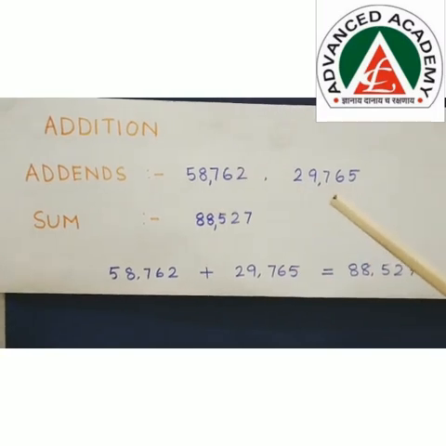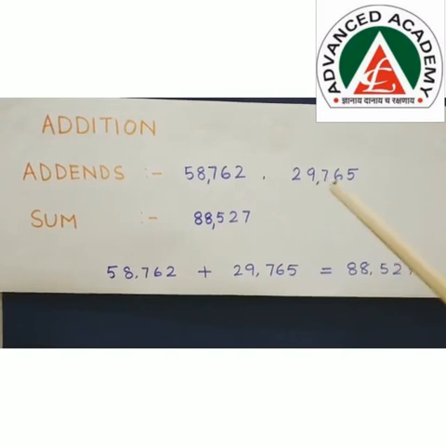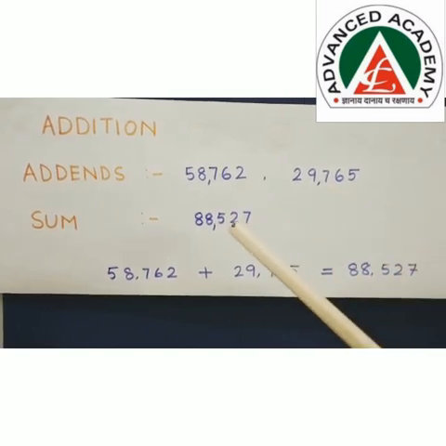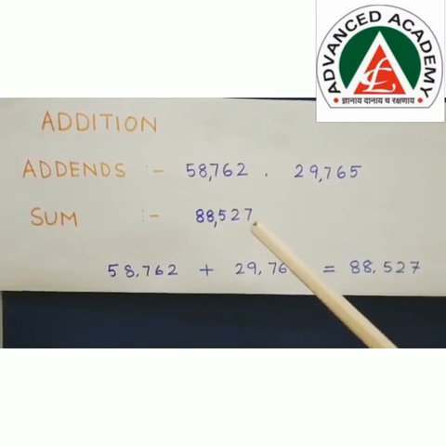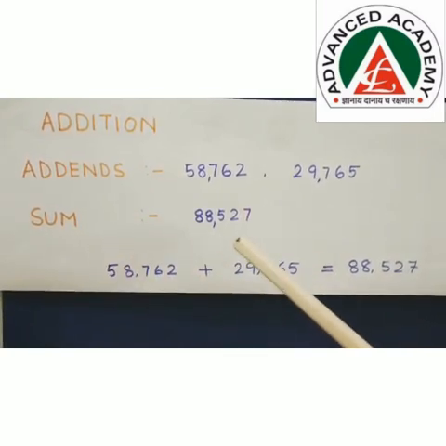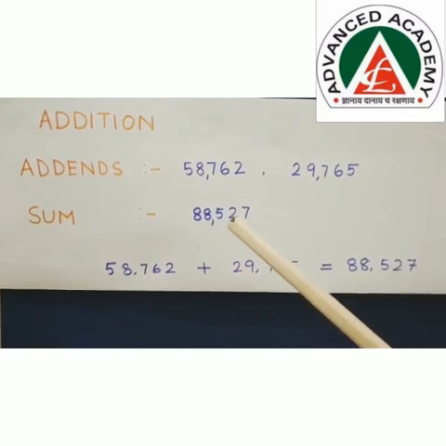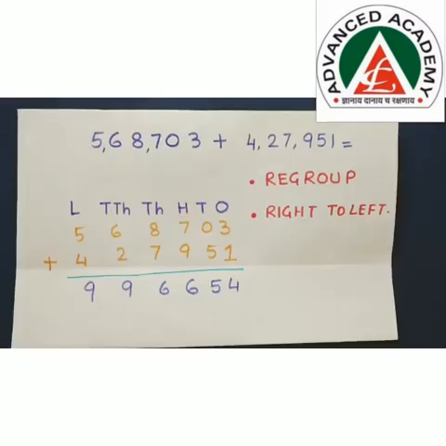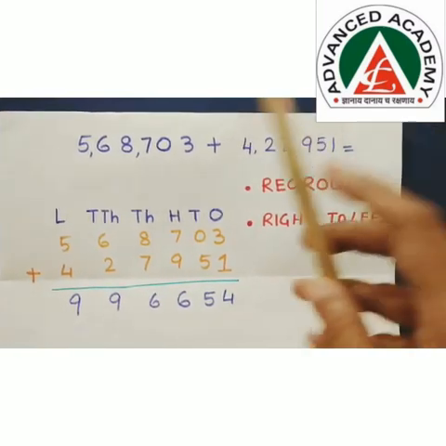These two numbers are addends, and when we add them, we get an answer or a total or sum. That is 88,527.